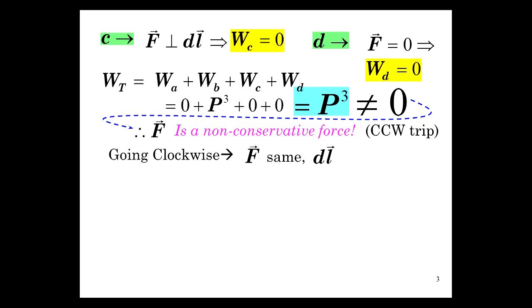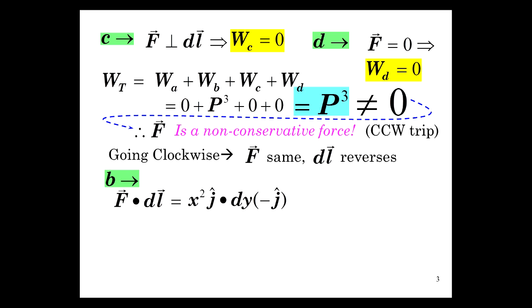However, if we go clockwise, dl is reversed. All the various path elements are reversed. Well, if they're the path elements that are 0, doesn't make any difference. But what about path B? Along path B, we have F dot dl. It's x squared j dotted with dy, but you're going in the negative j direction, so it's negative j.